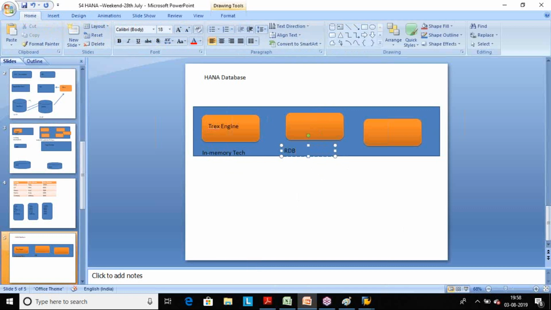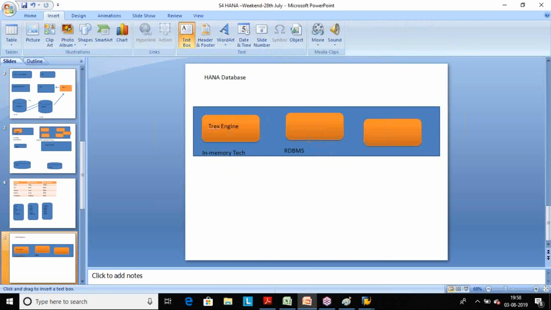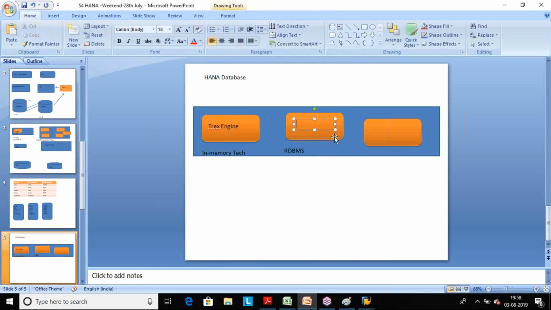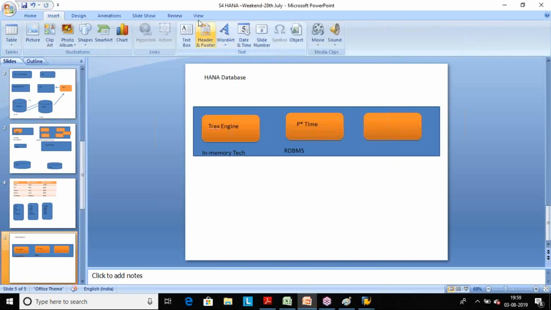So this one is your RDBMS, and this product they introduced here. But we have to develop something which will automatically take the backup. So for that purpose, they introduced MaxDB for the backup purpose.